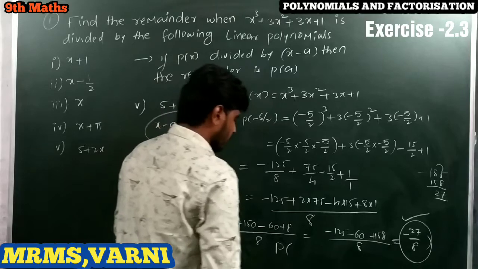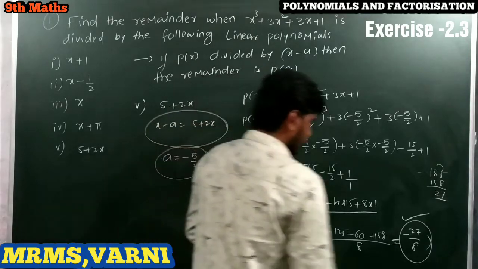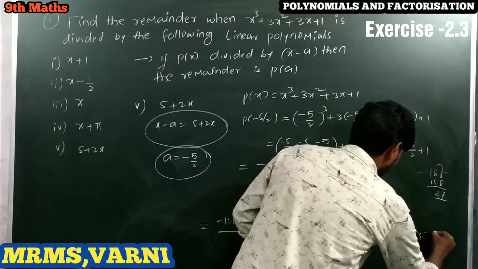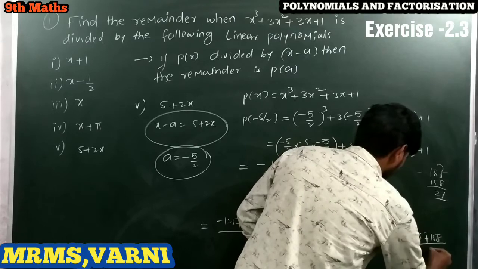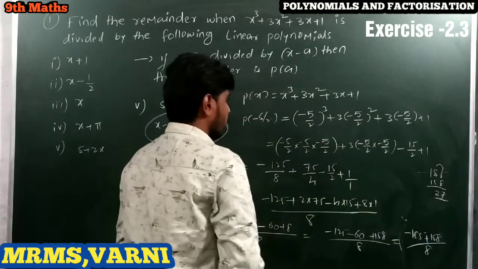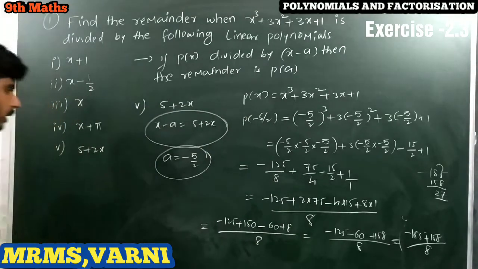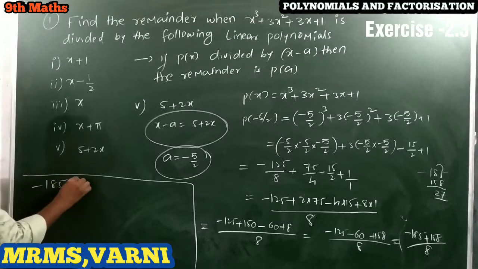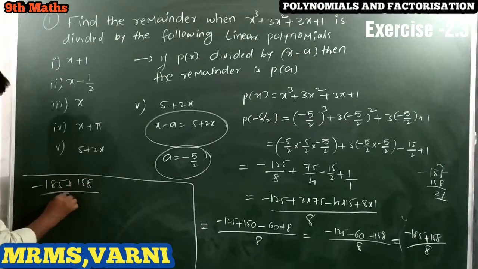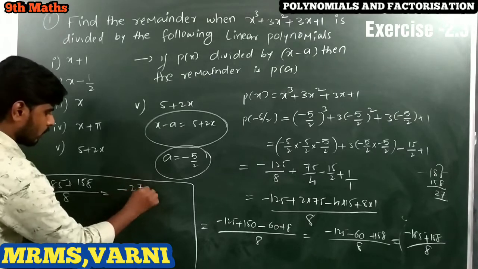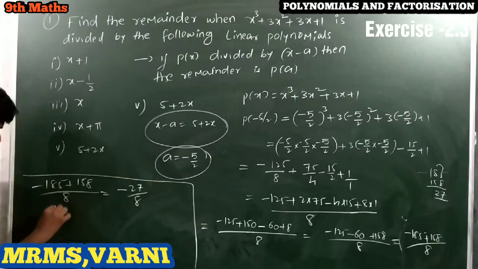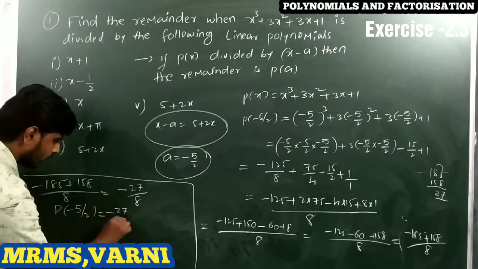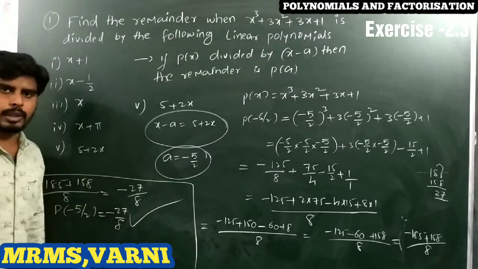So minus 185 plus 158 by 8, nothing but minus 27 by 8 is the remainder. So p of minus 5 by 2 we got minus 27 by 8, which is the remainder.